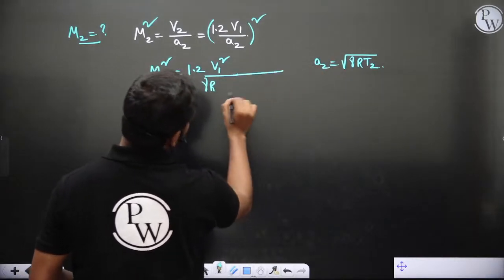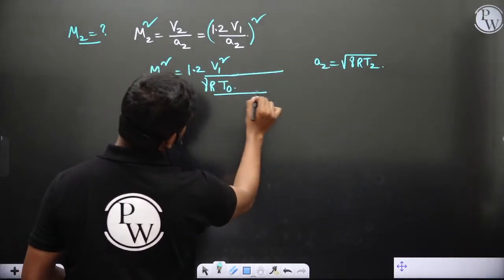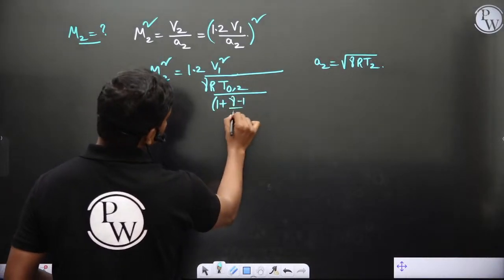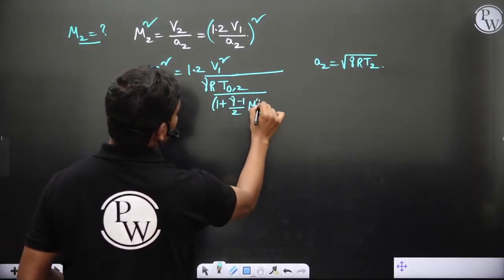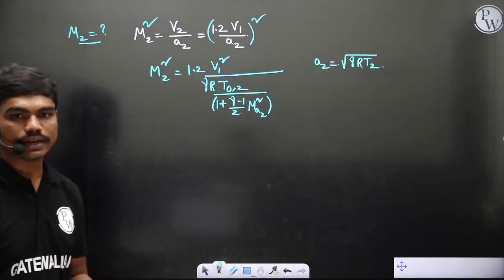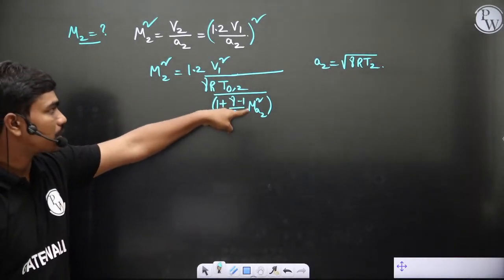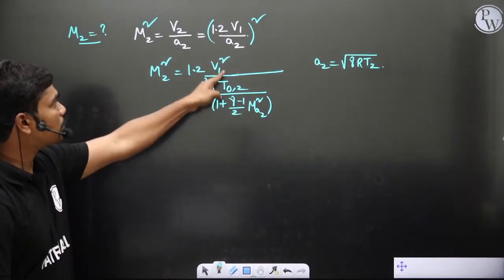T2 can be written as T0 at 2 divided by 1 plus gamma minus 1 by 2 times Mach 2 square. And what about V1 square?